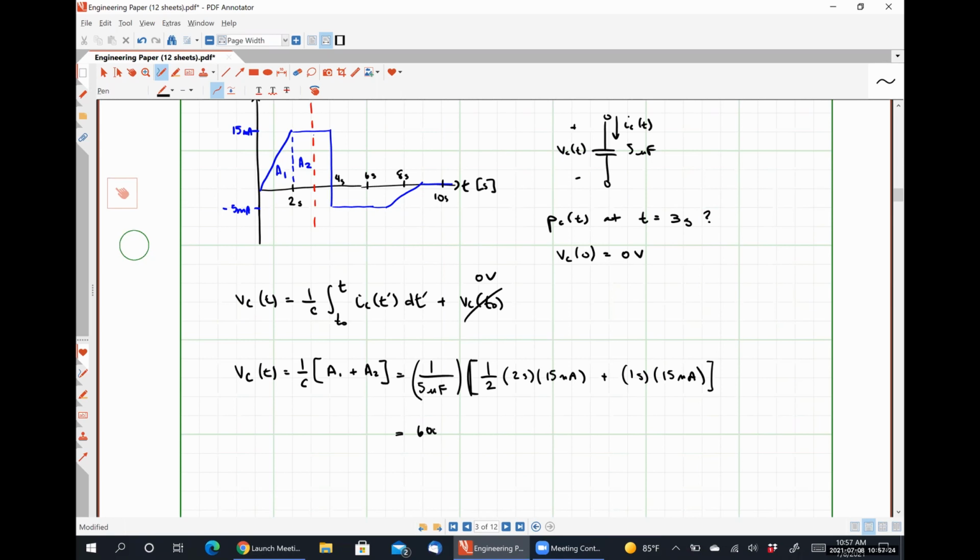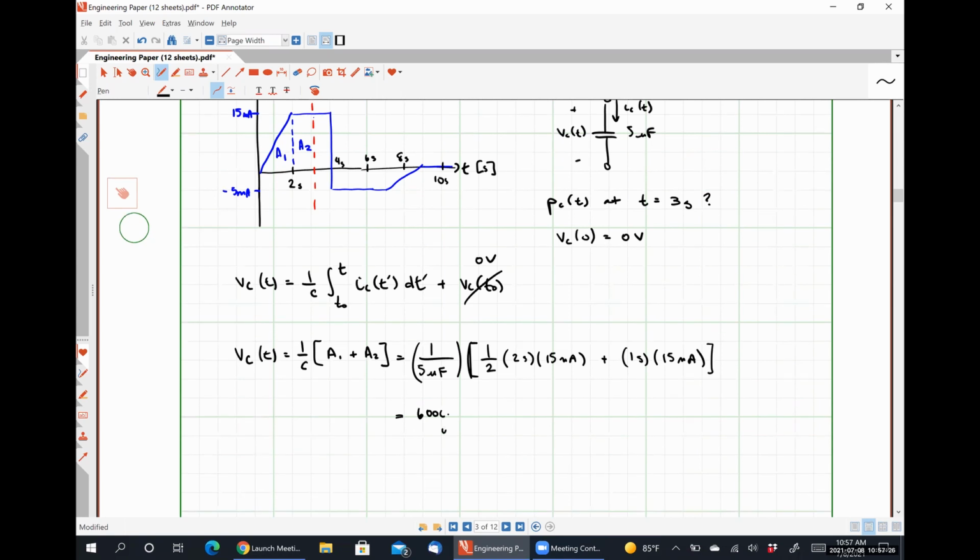Give me 6,000 volts, if I did my math correctly, which I believe I did. So 6,000 volts. Is that the answer that I was looking for?